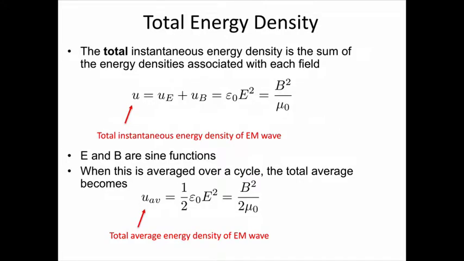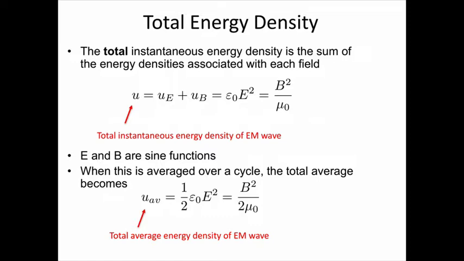So if we want to get the total energy density of an electromagnetic wave, we just add U sub E and U sub B up to get the total energy density, which is epsilon naught E squared, or we could write it as B squared over mu naught. This is instantaneous because it is changing with time as the electric and magnetic fields change.